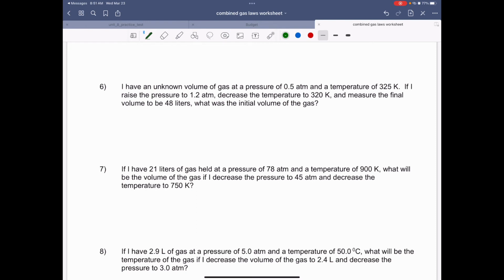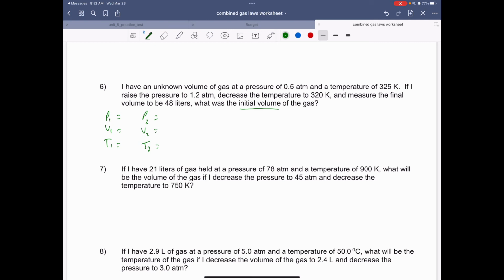I have an unknown volume of gas at a pressure of 0.5 atms and a temperature of 325 degrees Kelvin. If I raise the pressure to 1.2 atms, decrease the temperature to 320 degrees Kelvin, and measure the final volume to be 48, what was the initial volume of the gas? So P1, V1, and T1, and then we've got P2, V2, and T2, and we got to figure out what these things are.